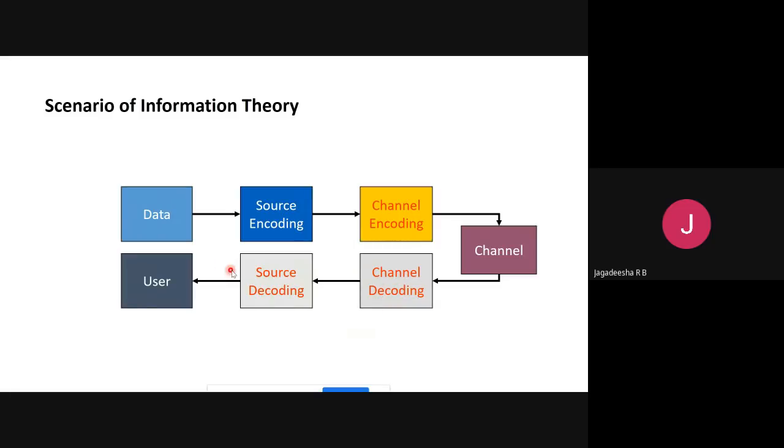And then at the source decoding side, again, we will try to fill up what was compressed here. We are trying to decompress, or rebuild the compressed data. And then finally we get almost the data that was transmitted from the source, here at the user side or the destination side.